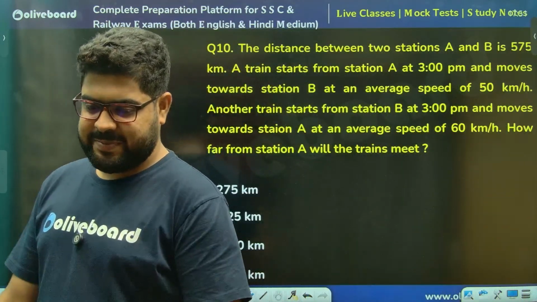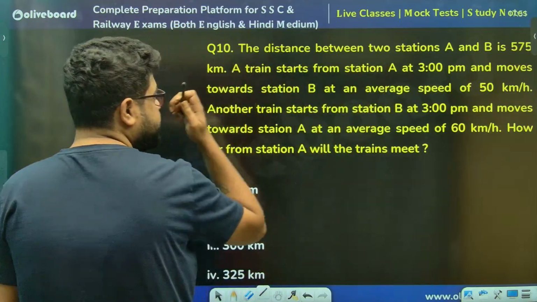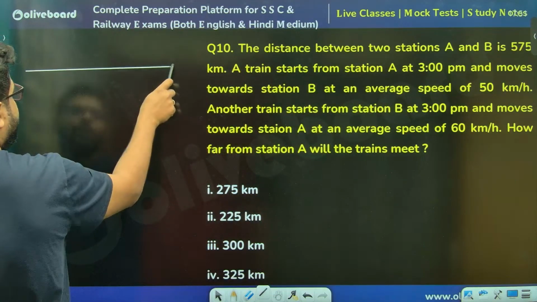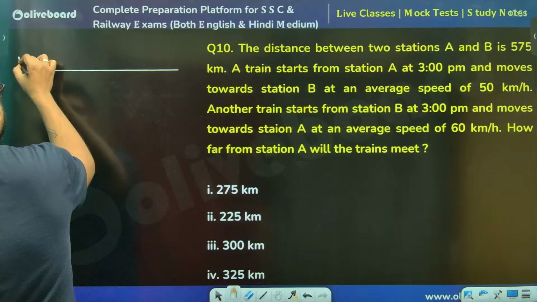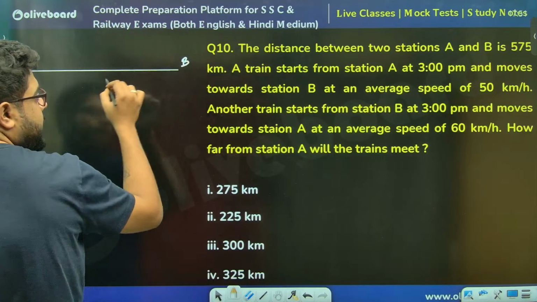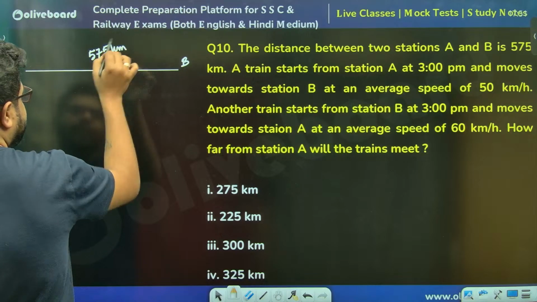The distance between two stations A and B is given. Sir, this is station A, let's say, and this is station B. There are 575 kilometers between them.